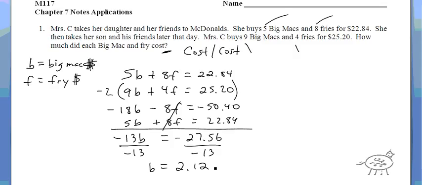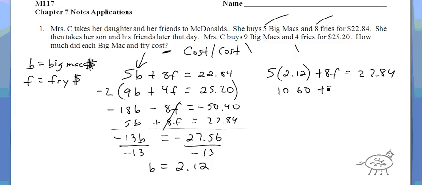So I'm going to plug it back into this first equation, into this B. So it's 5 times 2.12 plus 8F equals 22.84. And if I multiply this out, I get $10.60 plus 8F equals $22.84.